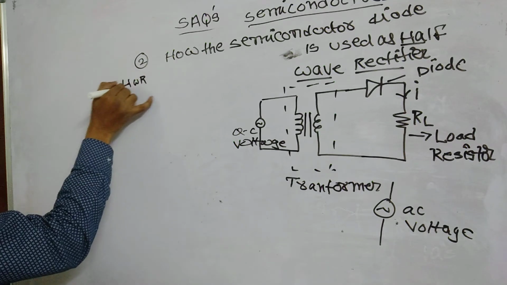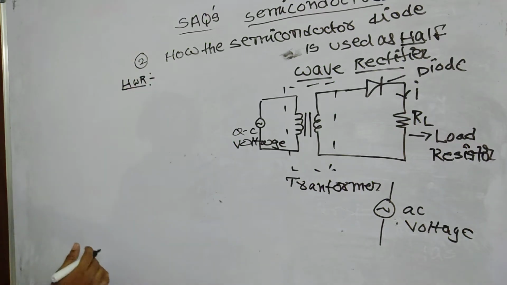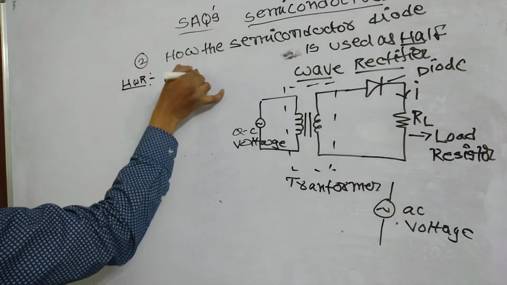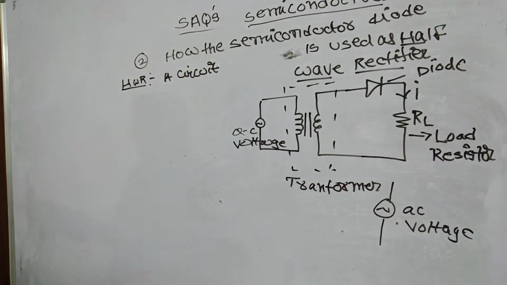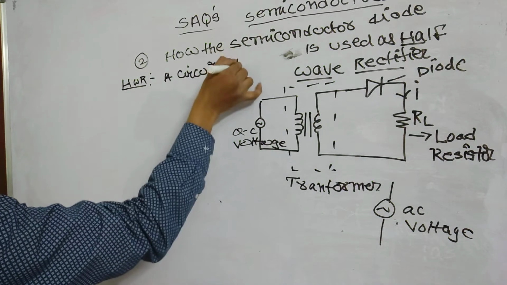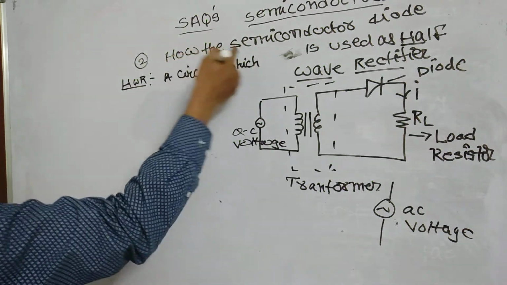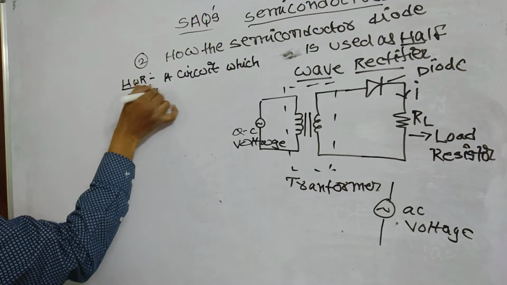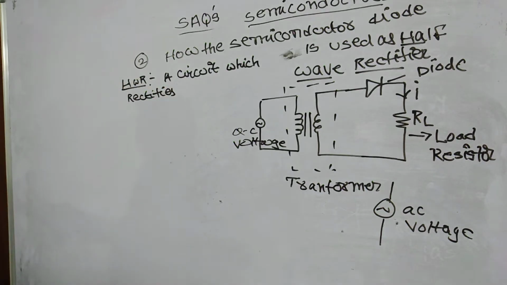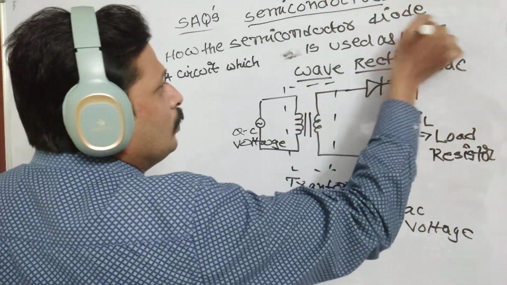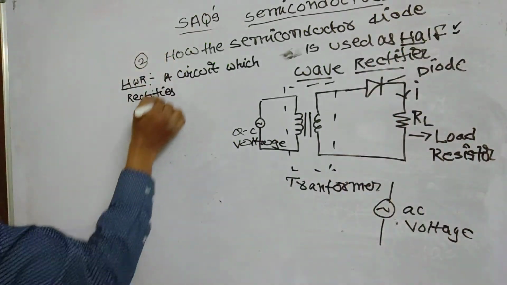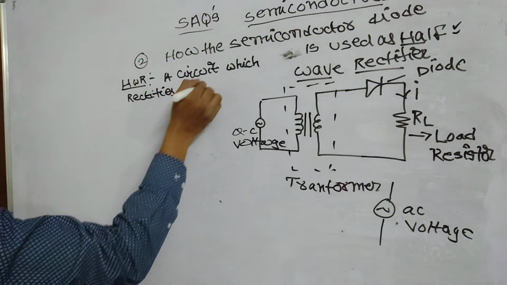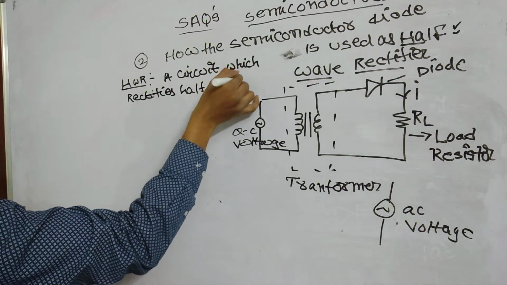The definition of a half wave rectifier, short form HWR: a circuit which rectifies half of the input.